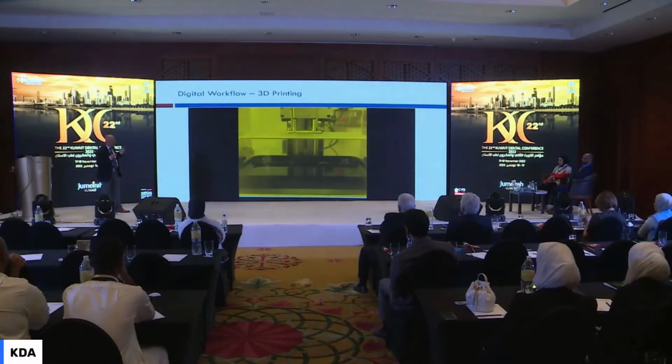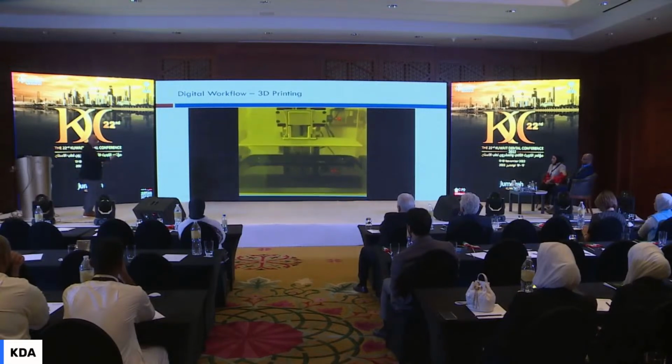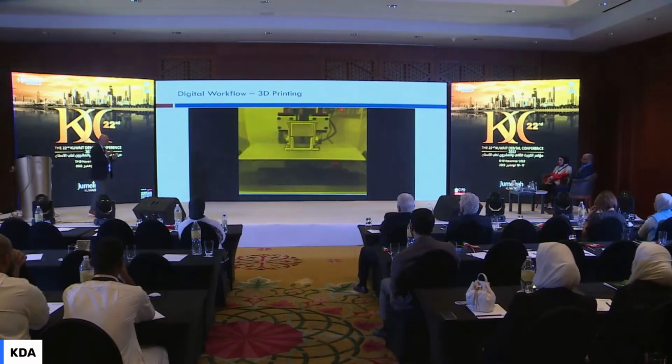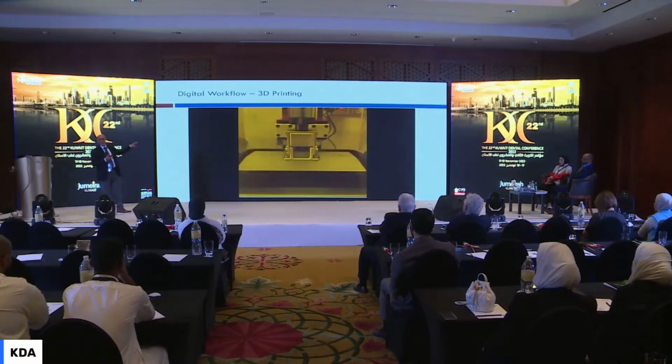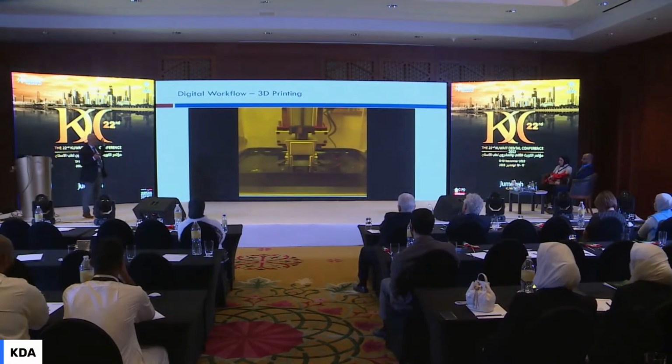And the 3D printer concept is pretty simple. You have a platform that dives into a resin, and then a light source projects some sort of light that will help the material get cured. So here it's LCD, with this printer LCD. There is another printer that uses laser.